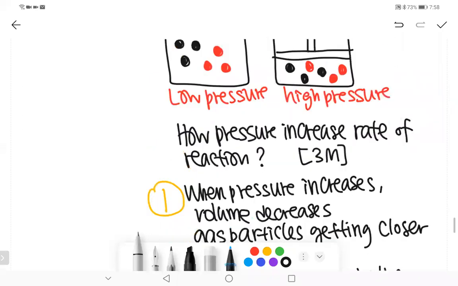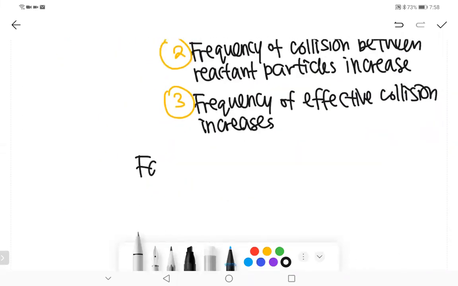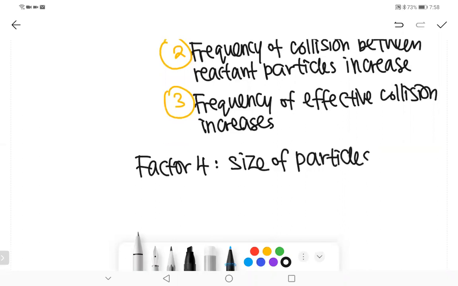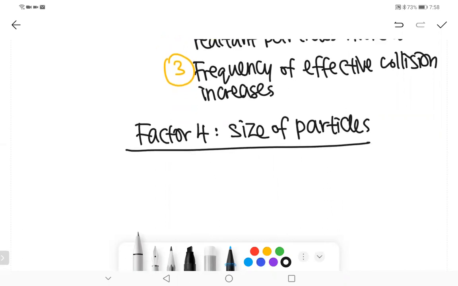Now let's go for factor number 4. Let's finish it, so factor 4 and factor 5. Factor number 4 is the size of particle. Size of particle only works for solids.